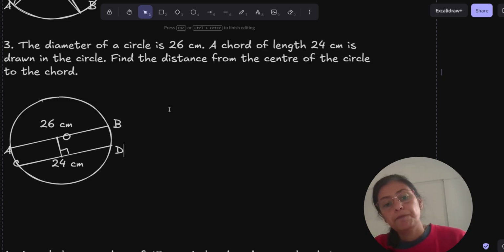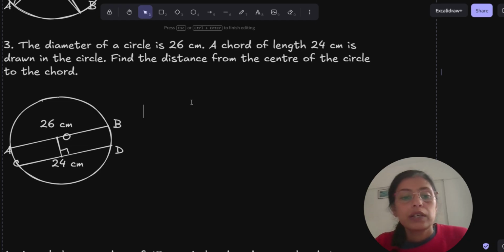I have drawn this chord of 24 centimeter.